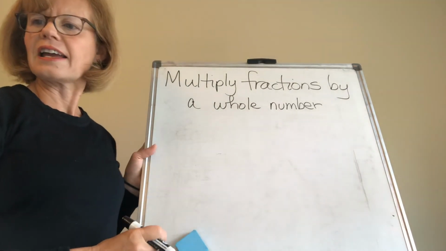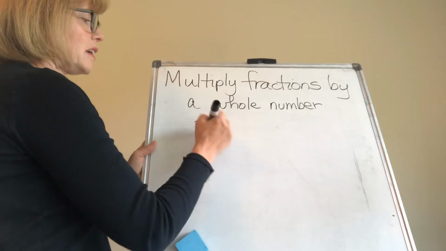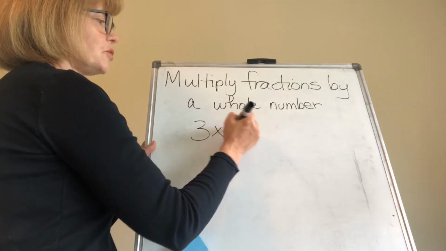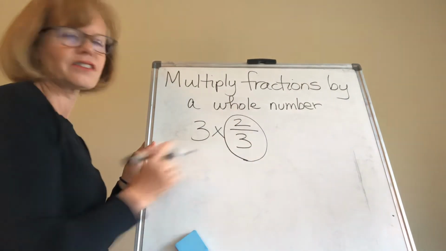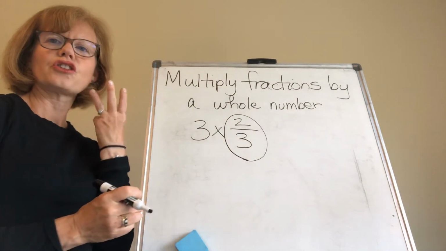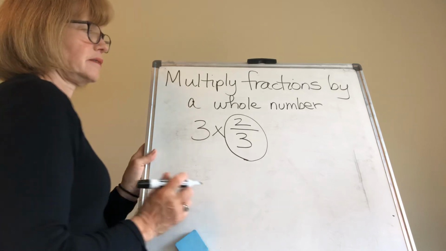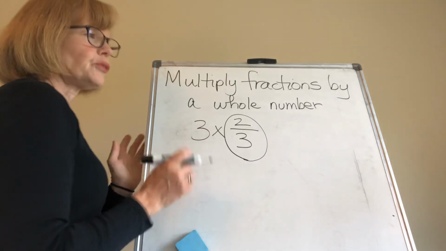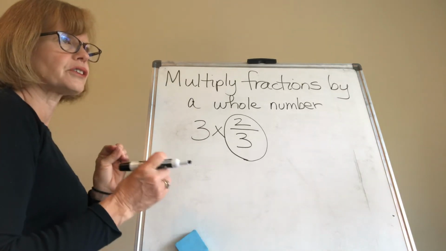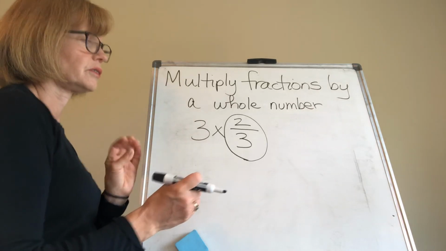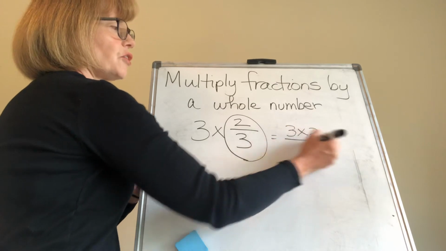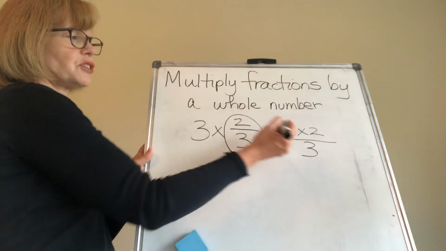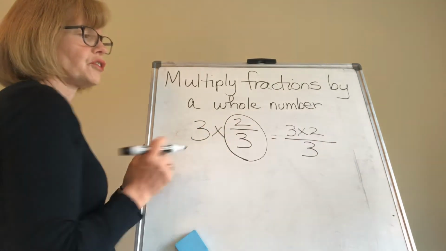What if I had 3 times 2 thirds? I'm saying I have this fraction, 2 thirds, 3 times. 2 thirds plus 2 thirds plus 2 thirds. Or I could even say I'm basically going 3 times 2, because I've got this 2 thirds 3 times.